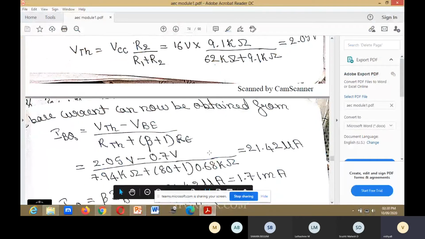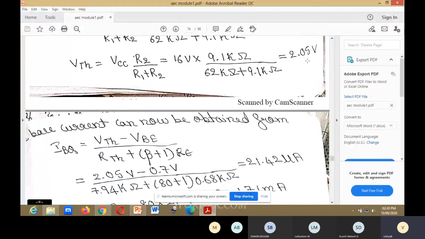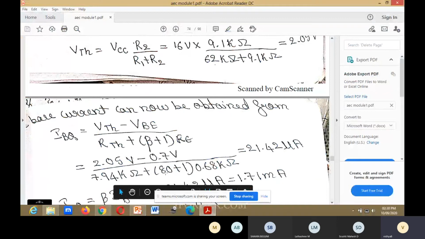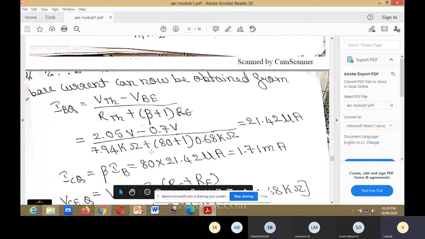Substitute the values: VTH is 2.05 volt minus VBE 0.7 volt, divided by RTH 7.94 kilo ohm plus beta 80 plus 1 times RE 0.68 kilo ohm. After solving, you will get 21.42 microamps.